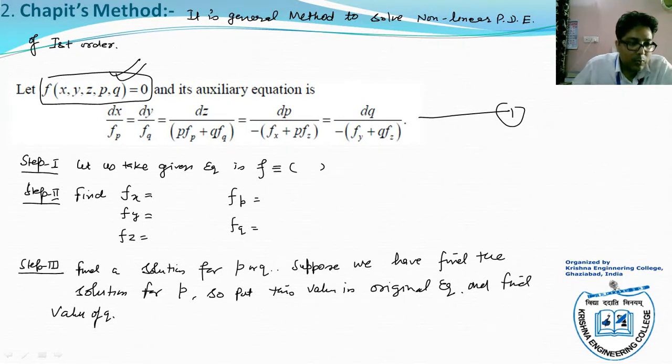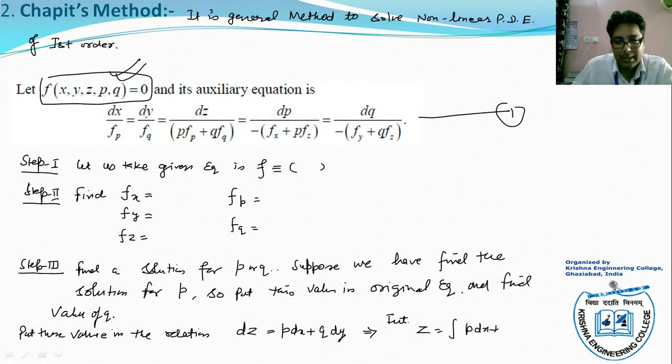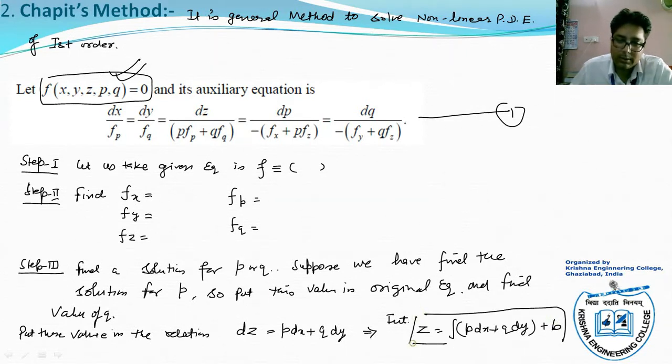Then put these values in the relation dz is equal to p dx plus q dy and integrate. We get z is equal to the integral of p dx plus q dy, and take an arbitrary constant, suppose b. This is the solution in the Charpit method.